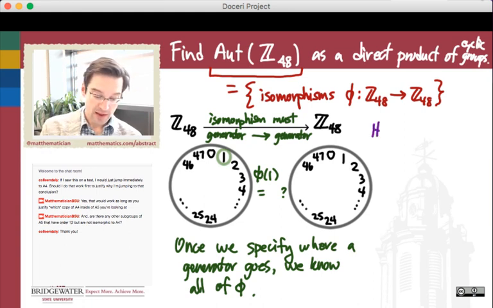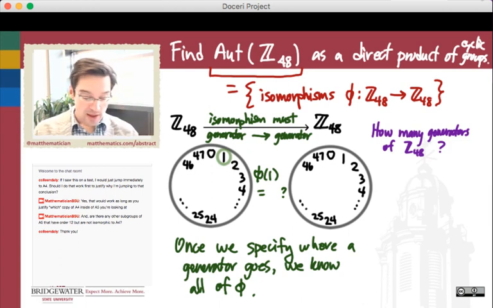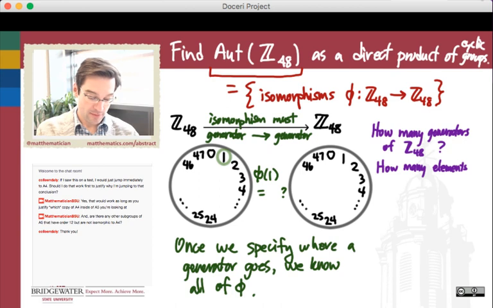How many generators of Z48 are there? To be a generator of Z mod 48, an element would have to have order 48. How many elements of order 48? That's a question answered by the Euler totient function, phi of 48.